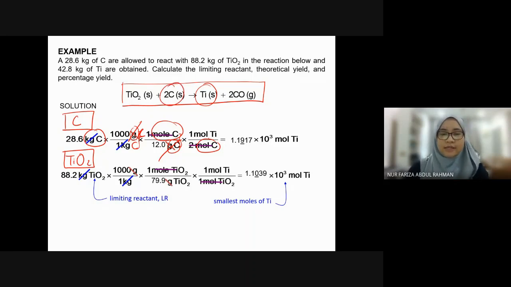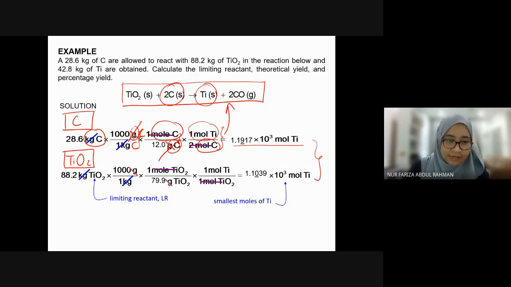So that is the relationship that we have. 1 mole of titanium, below here should be mole carbon. So 2 mole of carbon will produce 1 mole of titanium. This relationship we got from the balanced equation, so this is the mole of titanium. If you want to proceed further until you have the mass of titanium, then go ahead, no problem. But if you can stop at mole, just stop at mole, and then later we can compare in terms of mole.